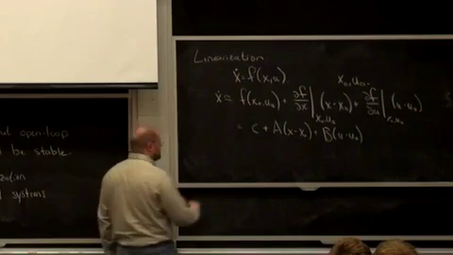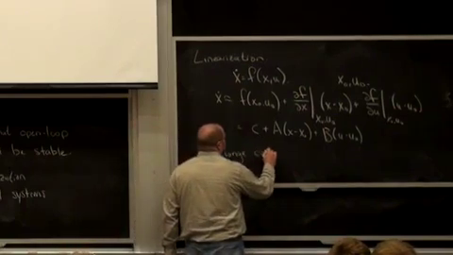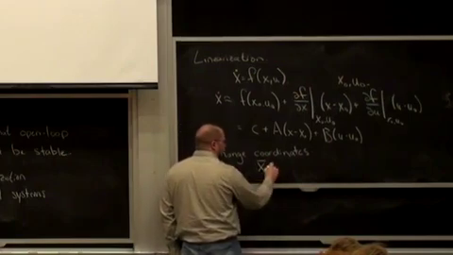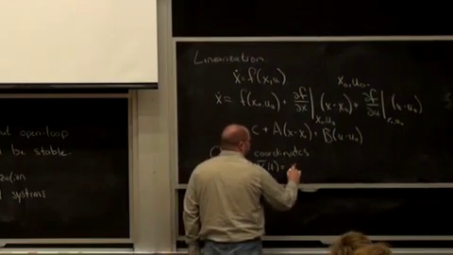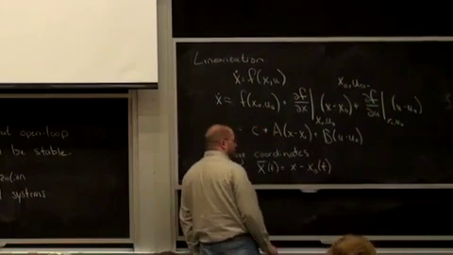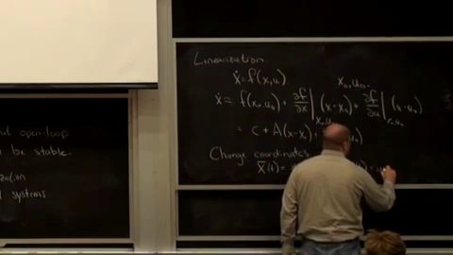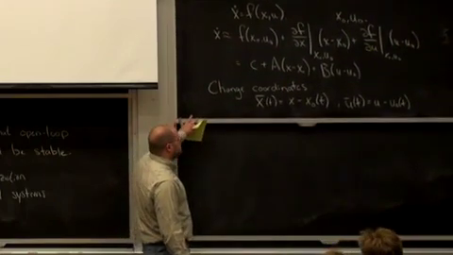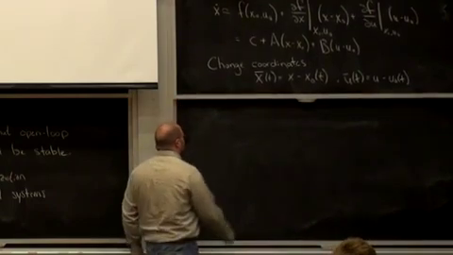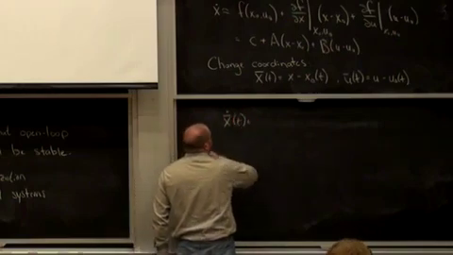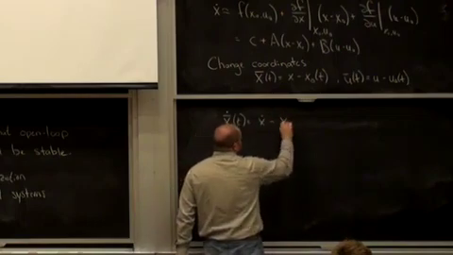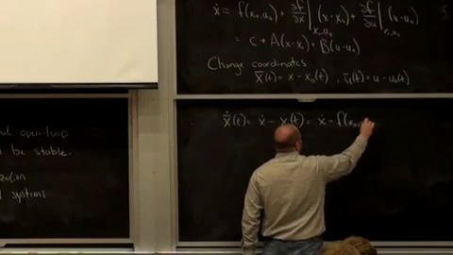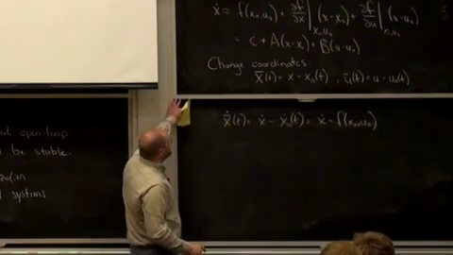If we change coordinates, and we use instead for our coordinates the difference between x and x0 of t, then x bar dot is going to be x dot minus x0 dot, equals x dot minus f of x0, u0, which is that c, right?